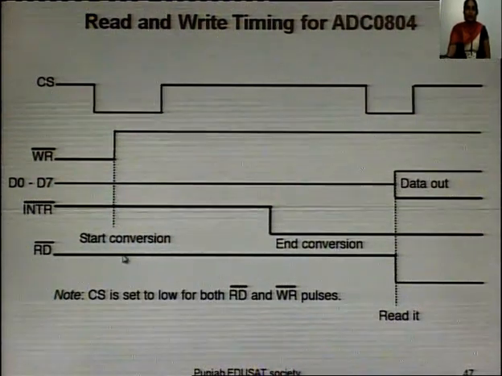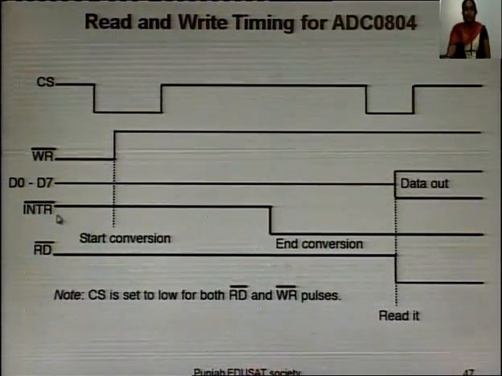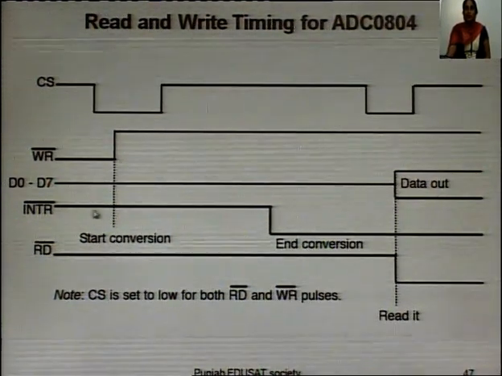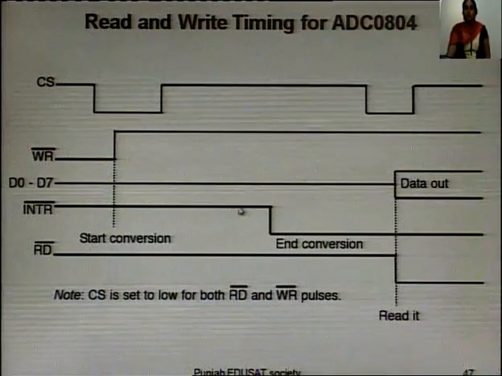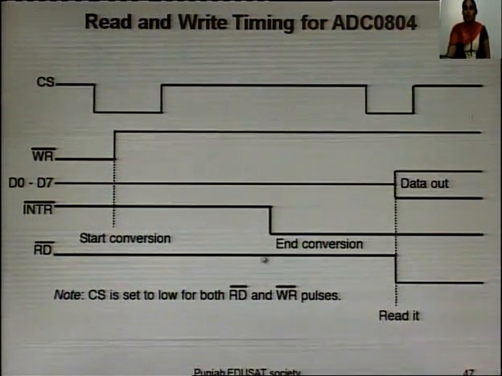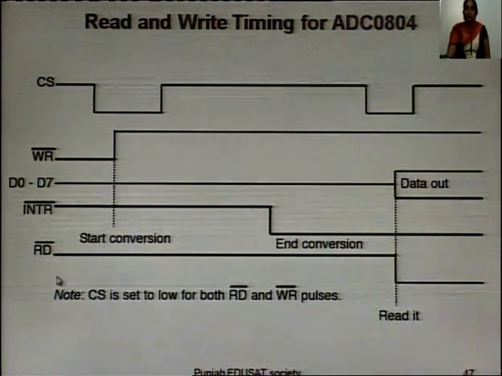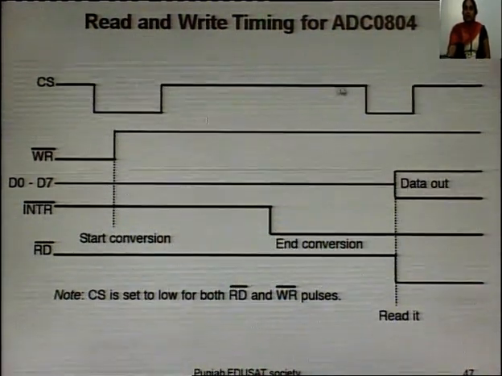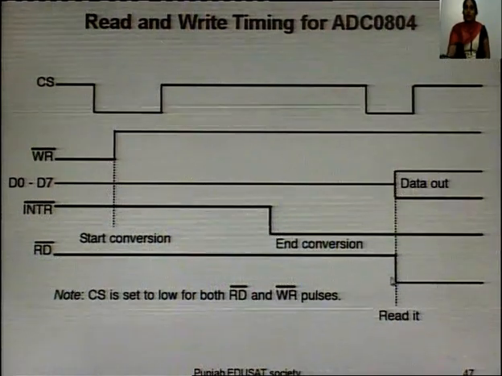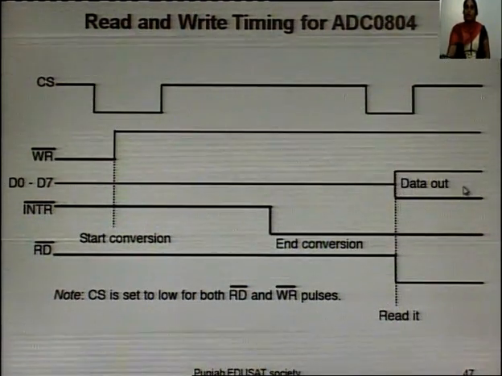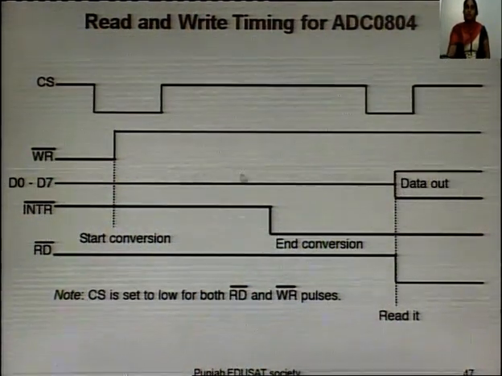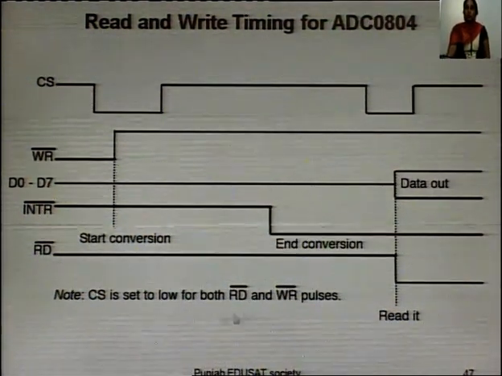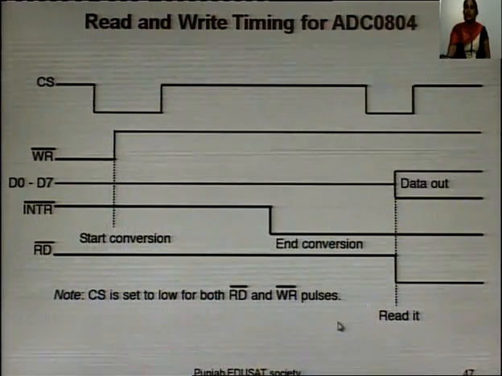After that, when conversion is complete, the interrupt request INTR pin goes from high to low. It shows end of conversion, and then we give a low pulse to read, and chip select is also made low, and data is now available on the data bus, that is D0 to D7. CS is set to low for both read and write pulses.